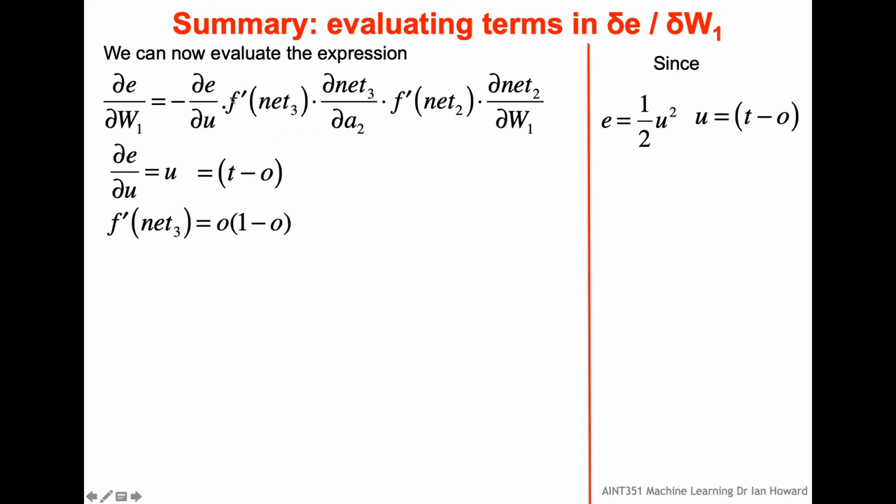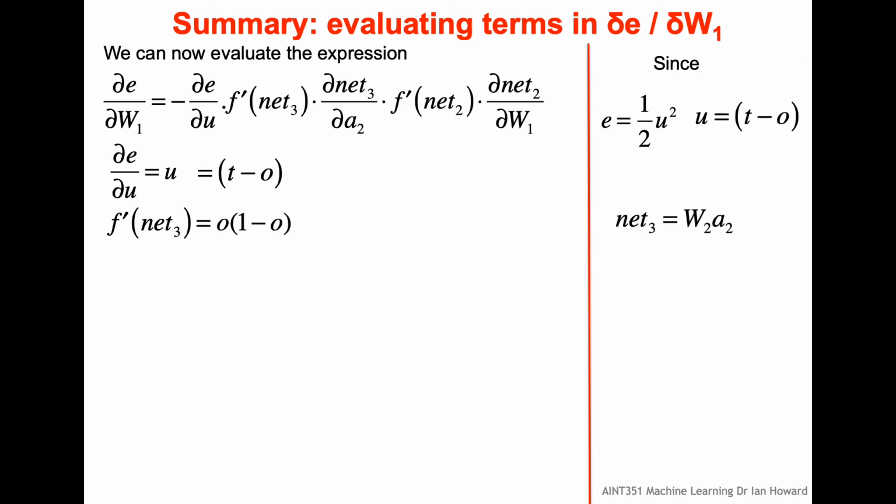We've done that on the sigmoid network when we had just a single layer, and we know that the derivative of this is going to be the output multiplied by 1 minus the output. And in this case, the overall output of the system is O, so it's O multiplied by 1 minus O.